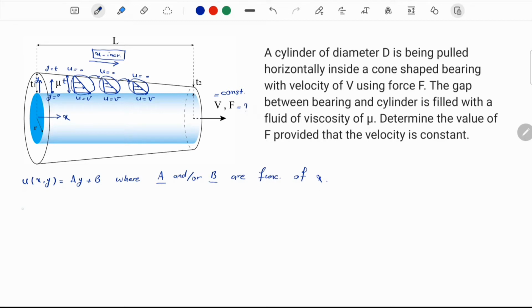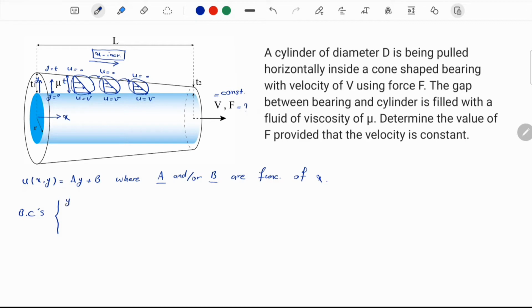Now we need two boundary conditions to determine a and b. Note that a and b are constant with respect to y, but they are functions of x. So we need two boundary conditions in the y direction as usual.